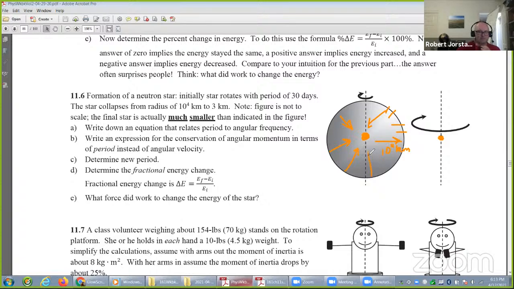Now, we haven't talked about chapter 13, and it's very complicated. In theory, you could do conservation of energy here, except do you know how to do the gravitational potential energy associated with every single point in a star? I don't have that at my fingertips right now. After chapter 13, we might. But right now, we don't know how to calculate that gravitational potential energy.